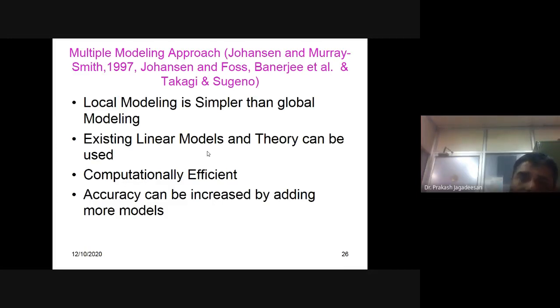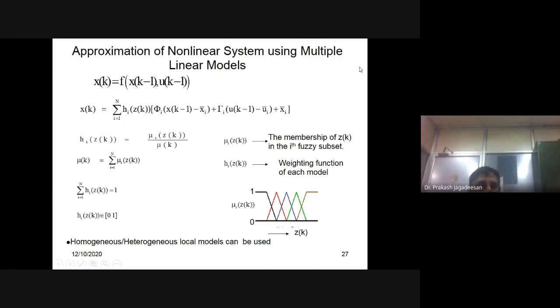That's the focus. Our interest is to approximate a given nonlinear system using multiple linear models weighted using a fuzzy membership function, or a neural network as an interpolation function. You can use anything; here it is very generic.